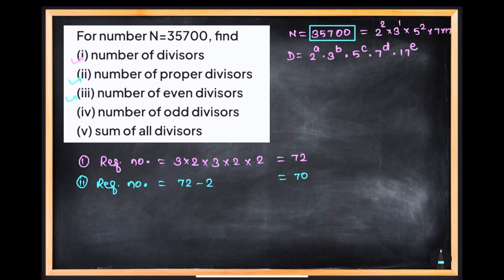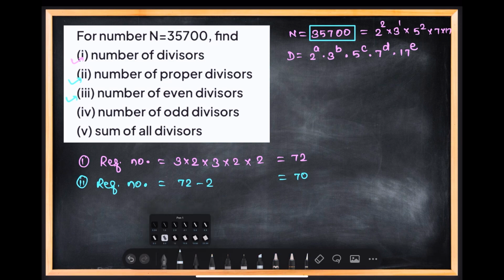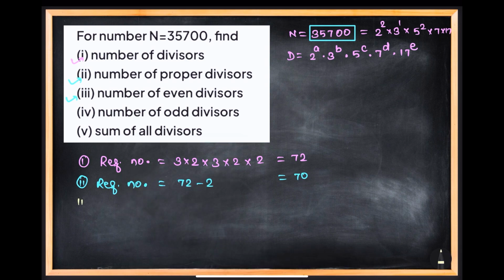Now the number of even divisors. If you divide, the divisor should be even, correct? Now think about A. Do you think it can take 0? No. If A becomes 0, this will become odd, so A cannot take 0.